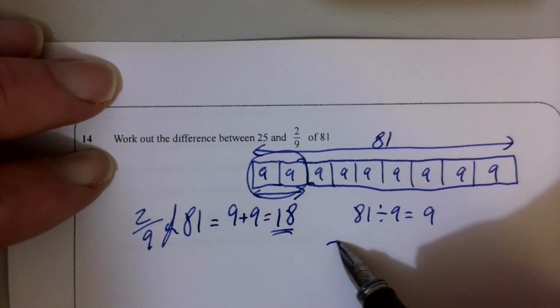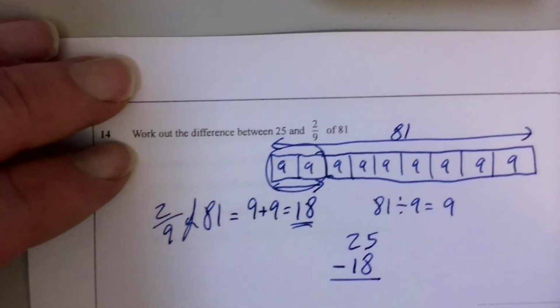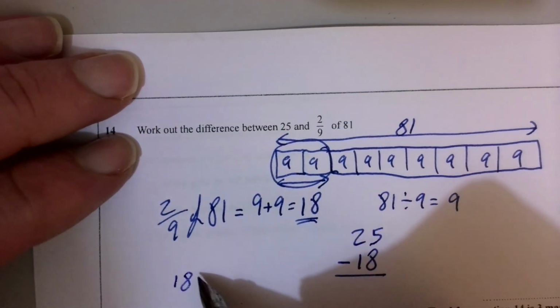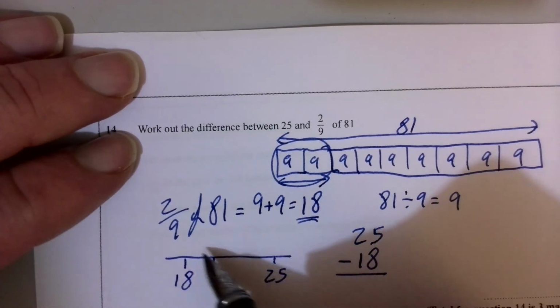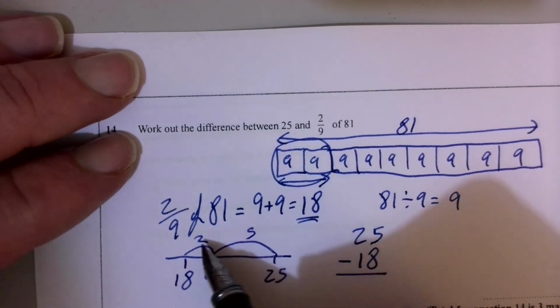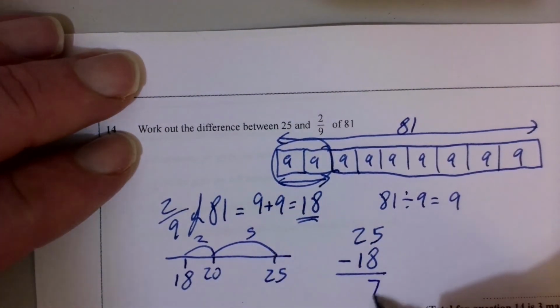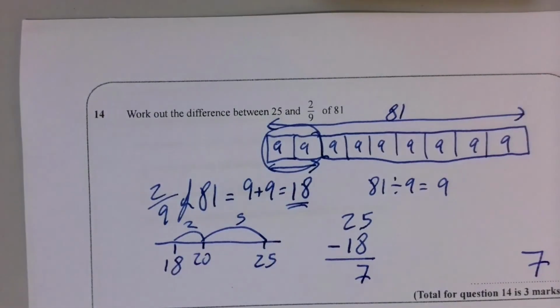Well, when they ask for the difference, they're really asking you to take one from the other, or you could count up from 18 to 25. So 18 on a number line, up to 25, you go 2 to get to 20, another 5 to get to 25, it's 7, and 25 take 18 is 7, and that would be your final answer on that.